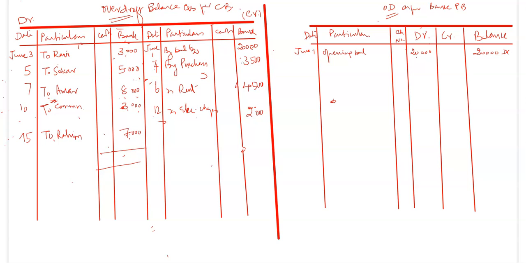Whereas here it is 23, 27, 29,500. So you have to close the greater side as usual.